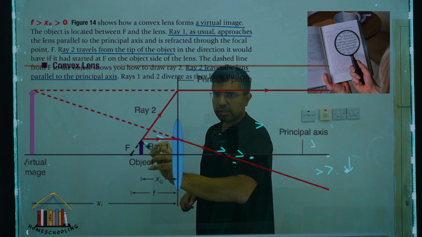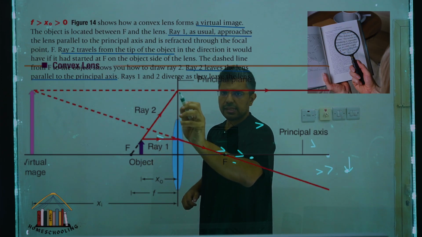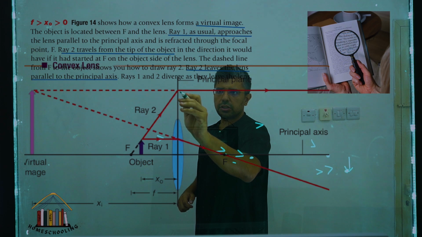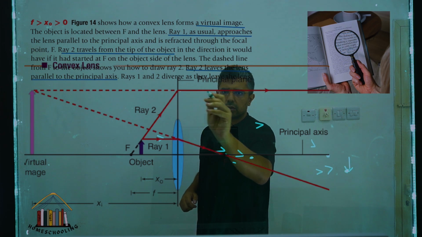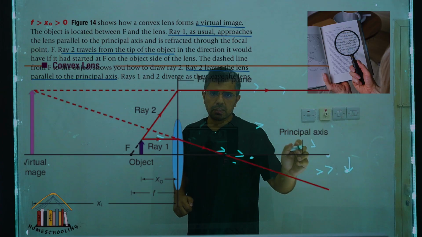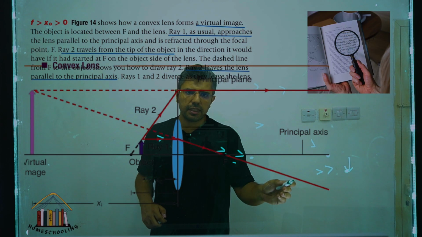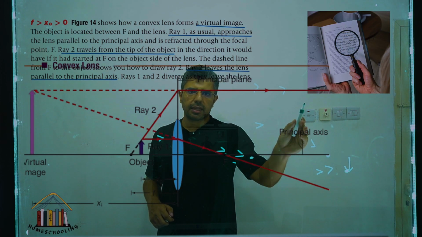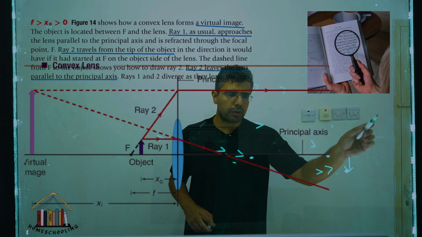It goes directly, hits the lens, imagine it's a big lens, and then continues parallel to the principal axis. But we have a problem here. These two rays, ray 1 and ray 2, will never meet, so we will not get an image.